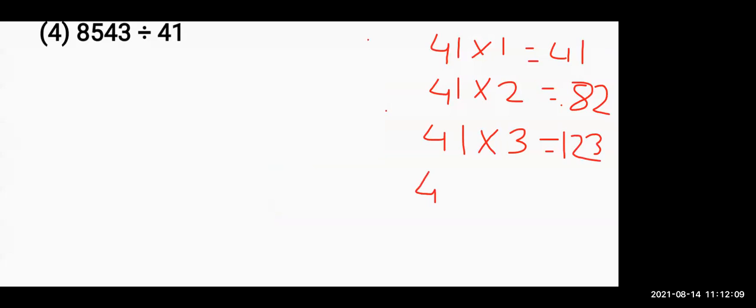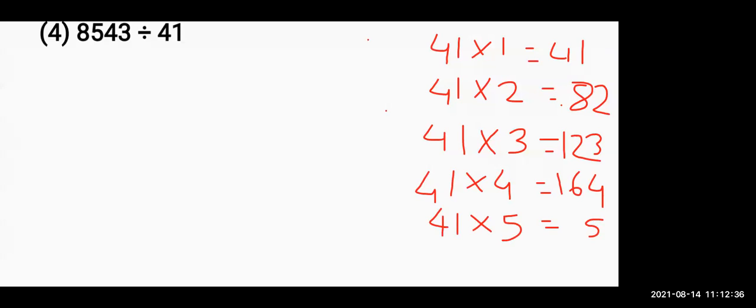Now 41 fours are. 1 4s are 4. 4 4s are 16. Okay, very good. Is it coming now? Yes, teacher. Now 41 fives are. 1 5s are 5. 4 5s are 20. Very good.